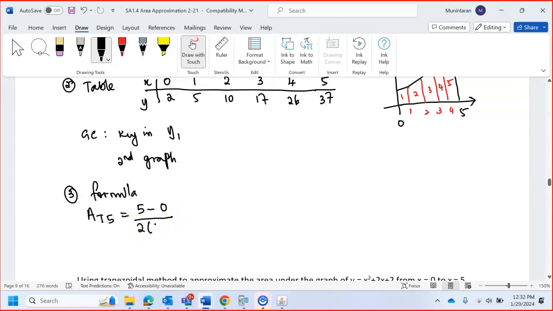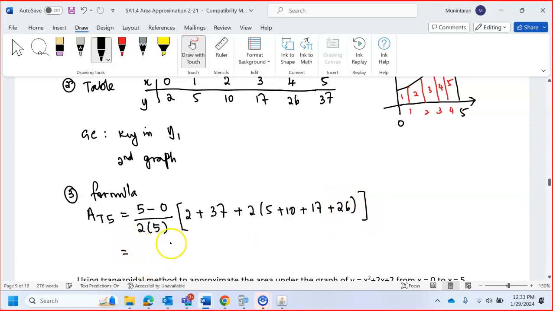We are having 5 subintervals, so 2 times 5. Put in the first value for y, which is 2, plus the last value for y, and then plus double the values in between. That would be 5 plus 10 plus 17 plus 26.